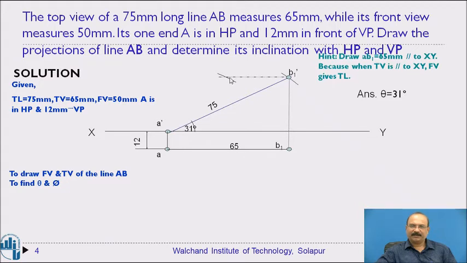So join this line. You are going to get A dash B dash as the front view length line, which is given as 50 millimeter. By measuring 50 millimeter and cutting the locus line, you get this point. So now this is the A dash B dash line.